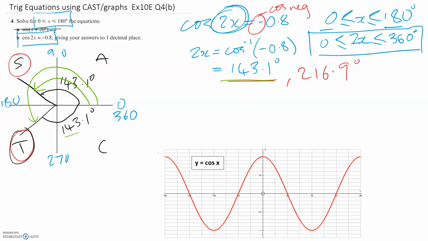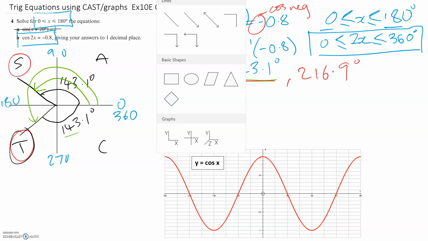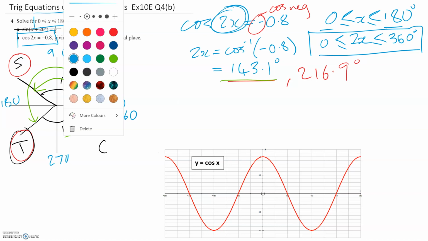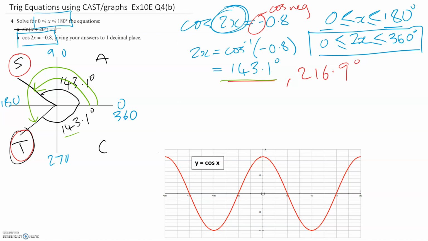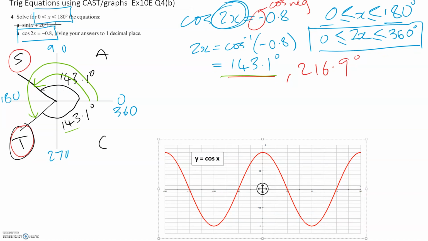Now, what I forgot to show you in the previous video was how you could use the graph to do this. This is the easiest method, I think, for solving these. You just get the graph of cos x. Remember, this is cos x. Whoops. It's not the graph of cos 2x, but that's fine. So if we draw our line at minus 0.8, see if I can get the line at minus 0.8 down here.